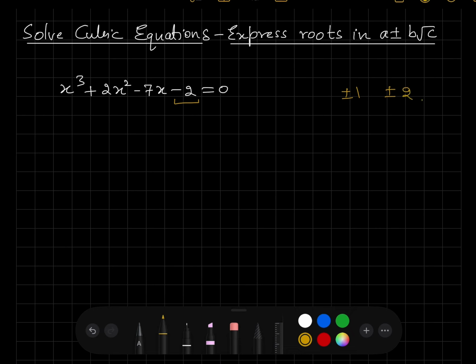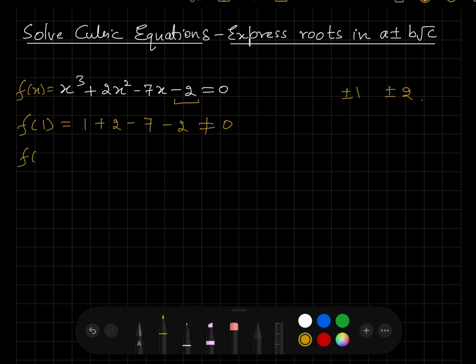So what I have to do is I will write this function as f(x) equal to this. If I put x equal to 1, what value do I get? 1 cubed is 1, plus 2 times 1 squared is 2, minus 7 times 1 is 7, minus 2. So this is not equal to 0.